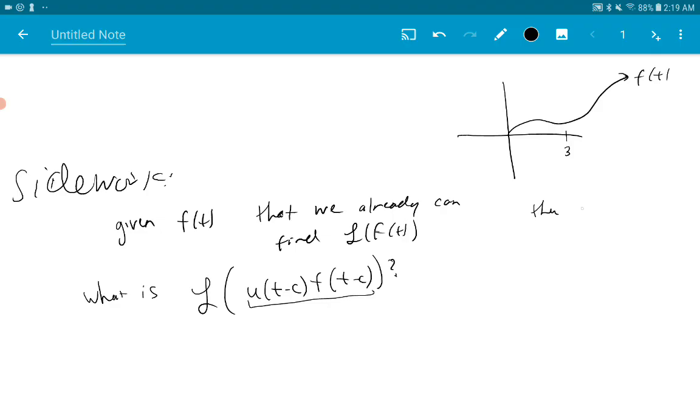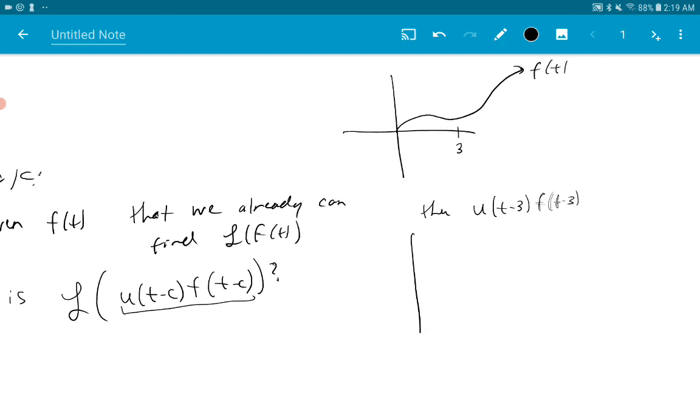Then u of t minus 3 times f of t minus 3 would be the same function shifted to the right 3. So this point here that started at 0 will now start here. It'll be the same shape, but just moved to the right 3, and then before that it's 0.